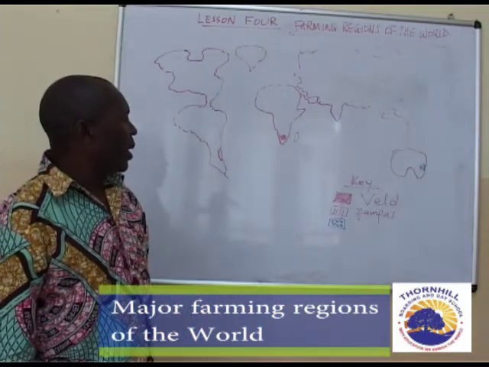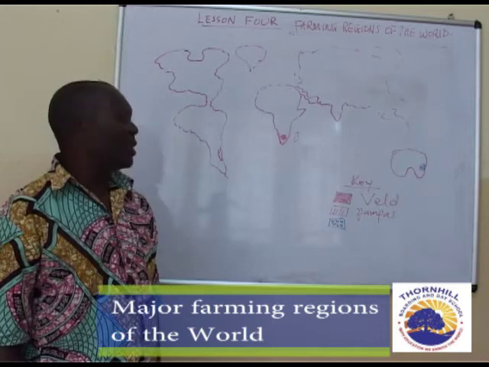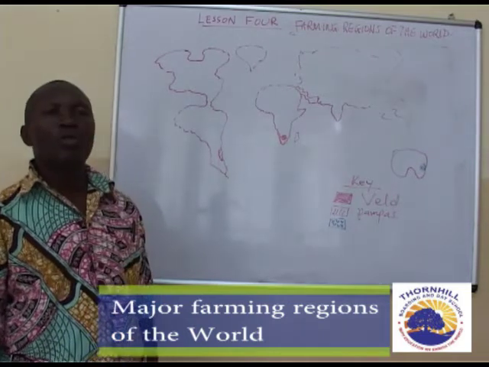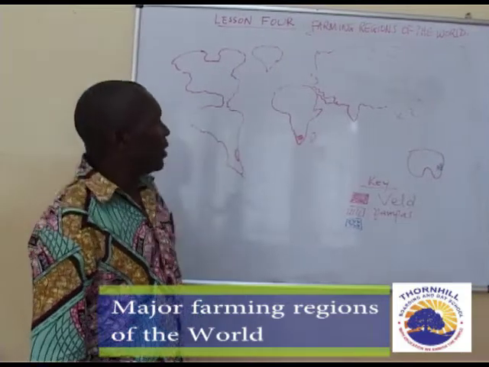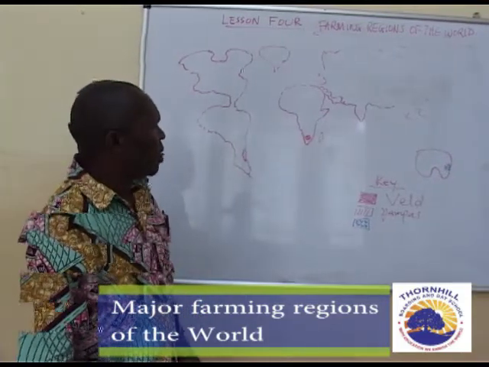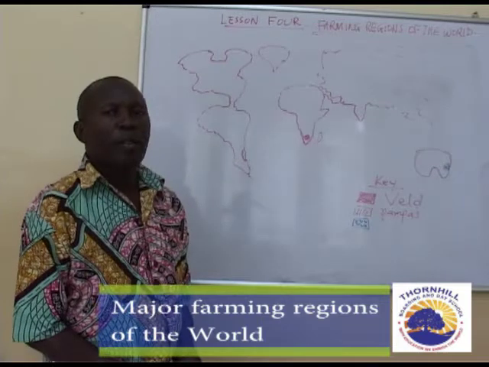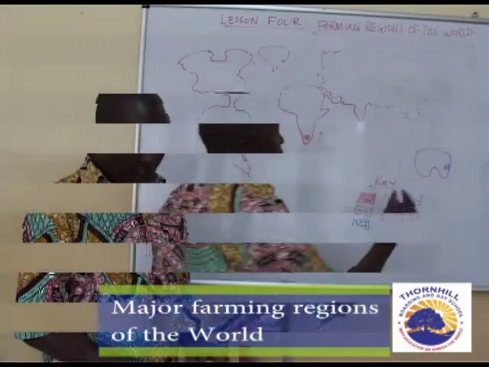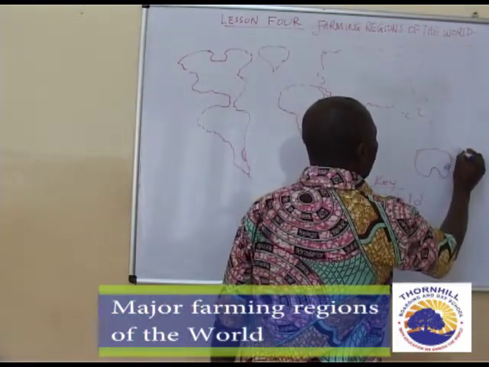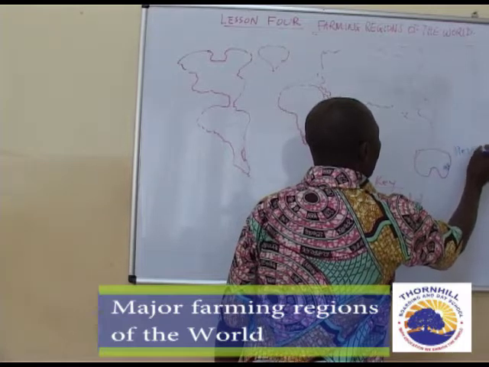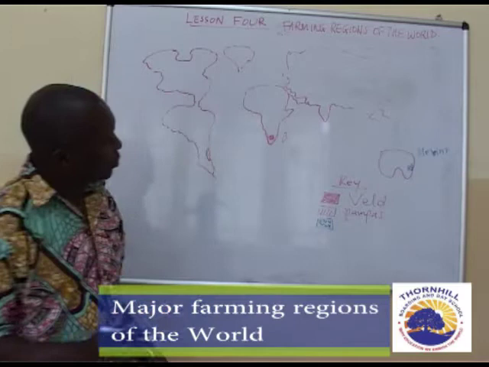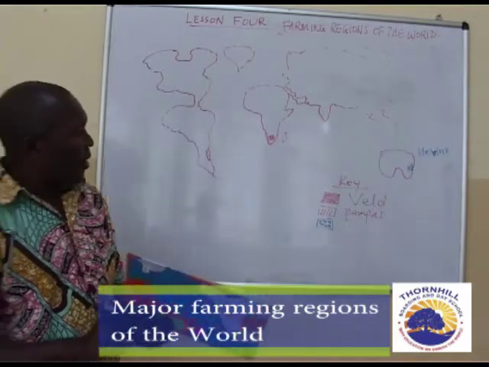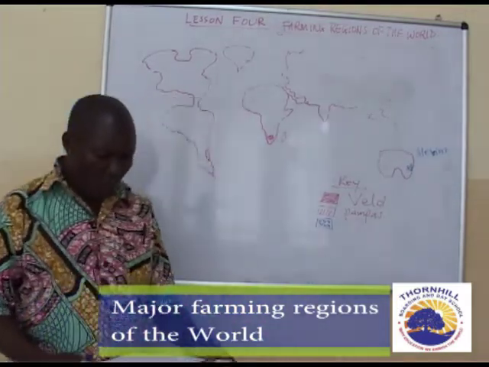But the main activity that takes place there, the climate is good for sheep rearing. Sheep is reared there, and the main type of sheep that they keep is called the merino type of sheep. Those big type of sheep with a lot of wool, fur that they get for wool.